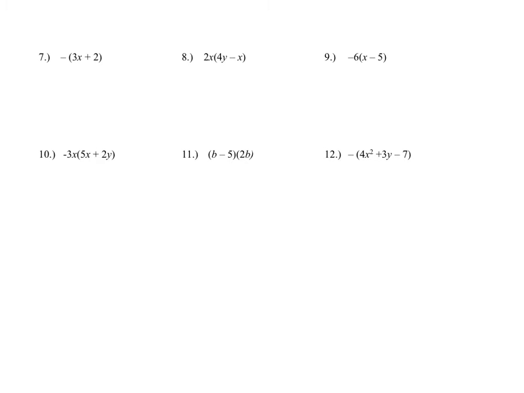All right, so all of these problems are a little bit different, so my suggestion is to just stay tuned into the video and make sure that you fully have it. So taking a look at number 7, here we have a minus sign in front of the parentheses. That minus sign, like many times, can act as a -1. So if you have a minus sign in front of the parentheses, what that means is you're subtracting everything in the parentheses, which means I'm subtracting 3x and I'm subtracting 2.